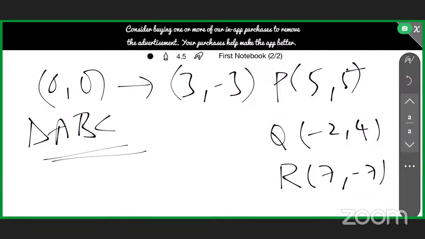So you have to find the area of triangle ABC, not the area of triangle PQR.